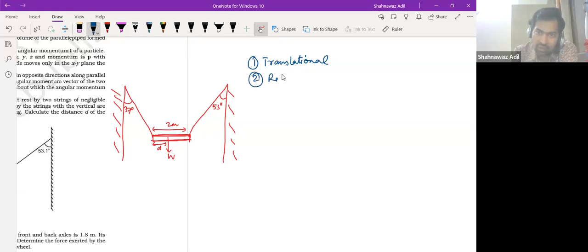And the other one would be rotational. So keeping this in mind, you guys tell me what the forces are. So this is a string. So the first force would be, let's say, on this side, because the angles are different.